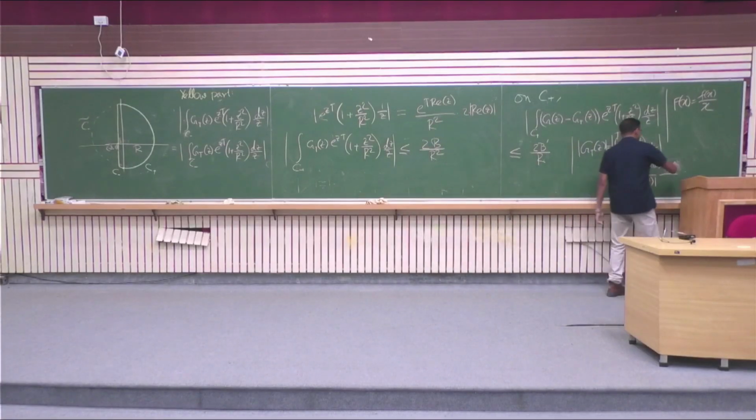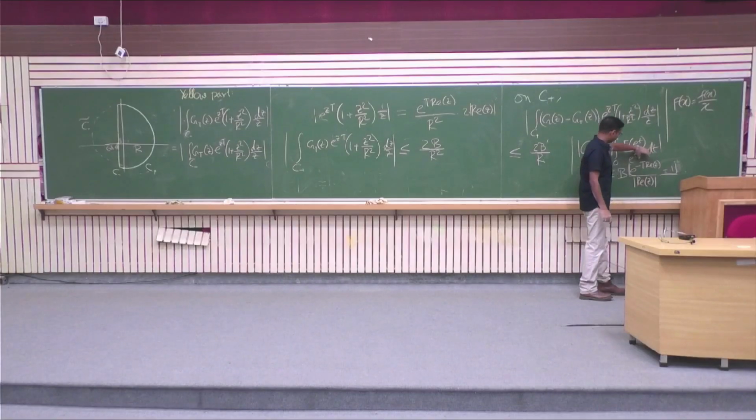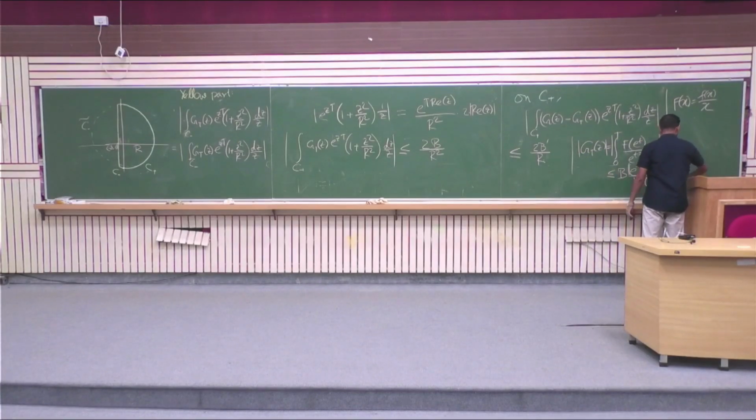And as you just mentioned, since this thing is larger than 1, this would be less than b times e power minus t real part of z by mod of real part of z.